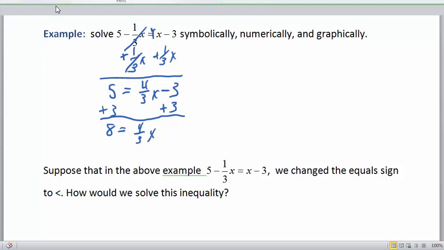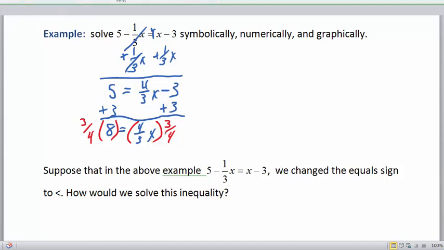And now how could I get rid of this 4/3? Well, you might say, all right, well, I'm multiplying by 4/3, so to get rid of that, I would divide by 4/3, right? But if you recall from elementary school, dividing by a fraction is really the same as multiplying by its reciprocal. So to get rid of that 4/3, probably the nicer thing to do is to say I'm multiplying both sides by the reciprocal, which would be 3/4.